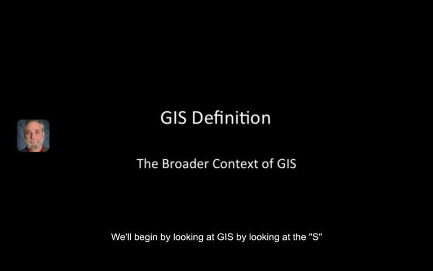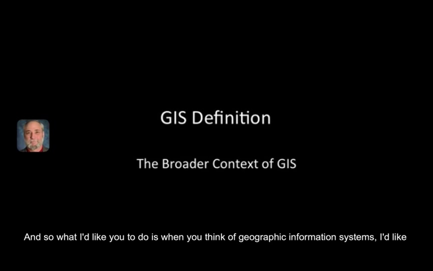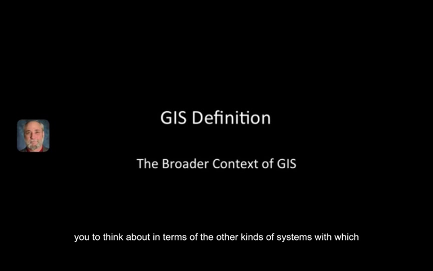We'll begin by thinking of GIS by looking at the S first, the system part. GIS is, at first, a system. And like any system, it is composed of multiple parts. And so what I'd like you to do is when you think of geographic information systems, think about it in terms of the other kinds of systems with which you might be familiar.